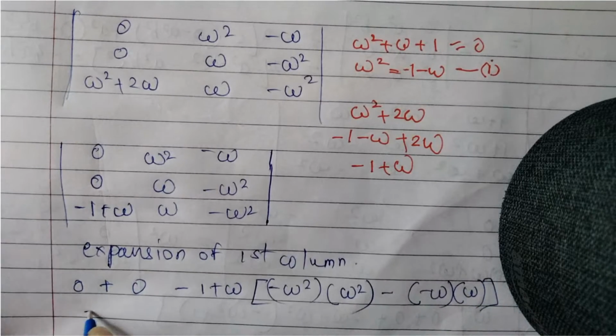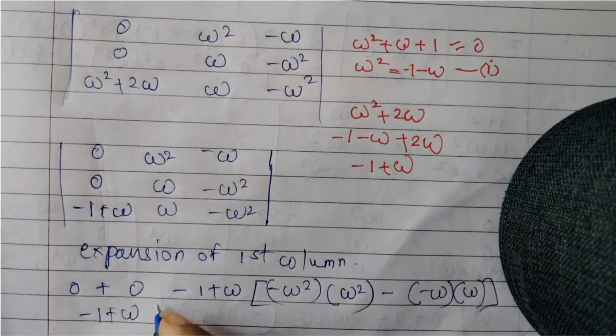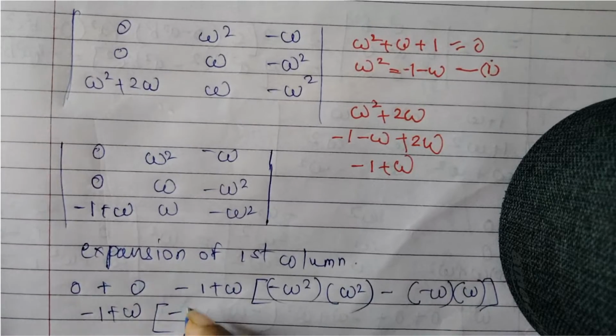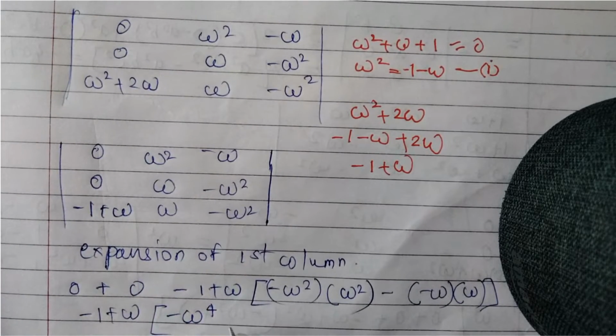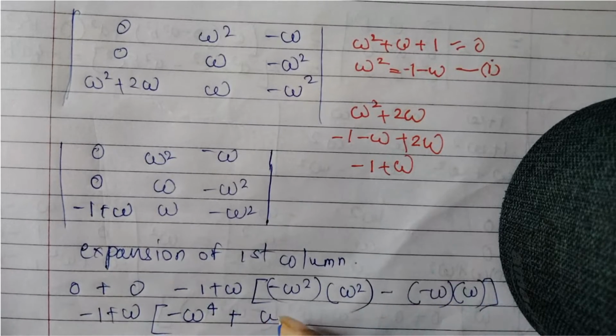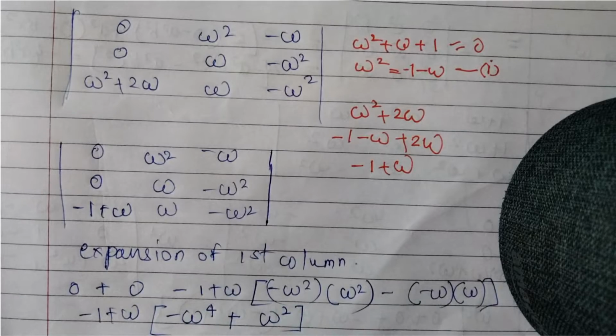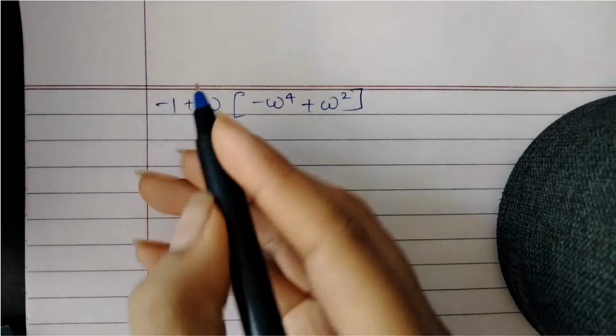Alright, so this will be minus 1 plus omega into minus omega to the power 4, minus into minus plus omega square. So we have got this expression.